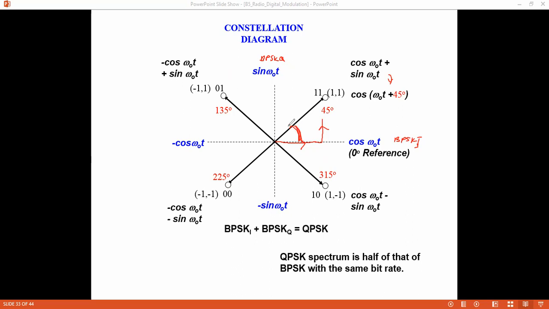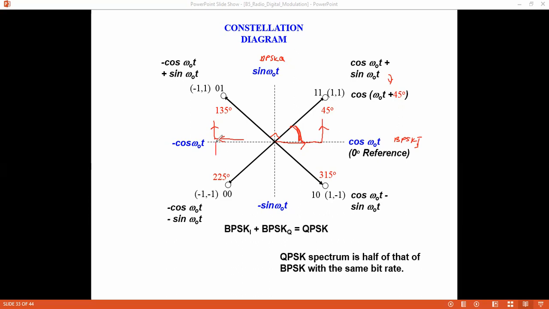The difference between them is 90 degrees. Equation wise, it can be represented by minus cos plus sine, or cos omega naught t plus 135 degrees. This will be 0 1. And the same thing for the other phases.